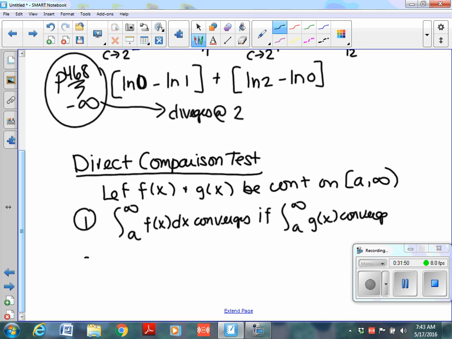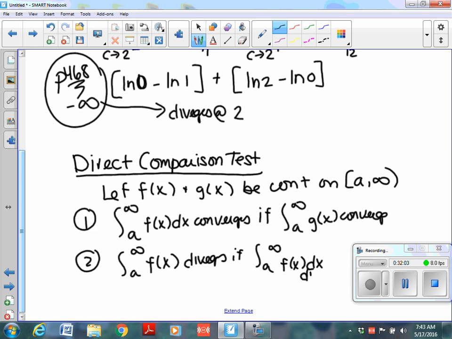And the second one, a to infinity, if f of x diverges. If a to infinity of f of x dx diverges.